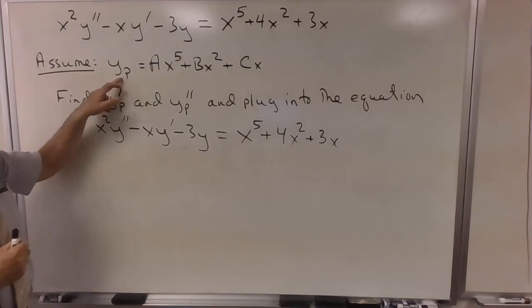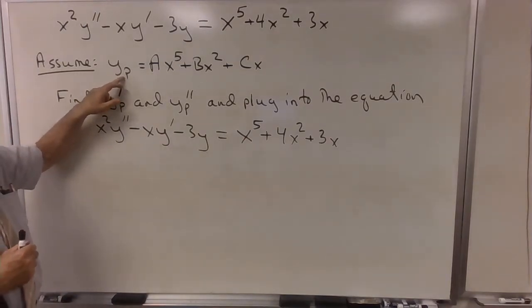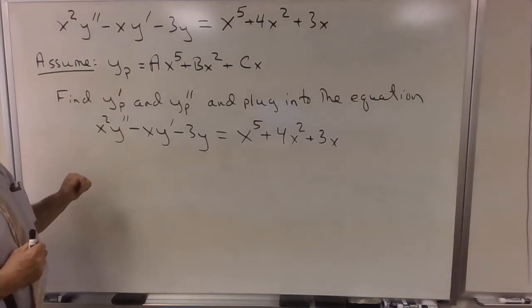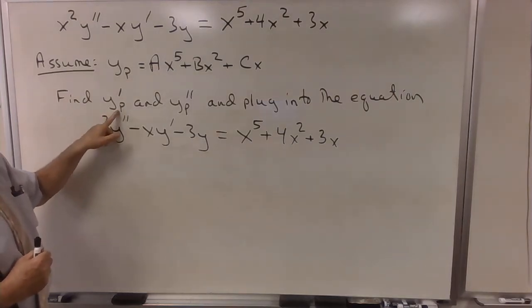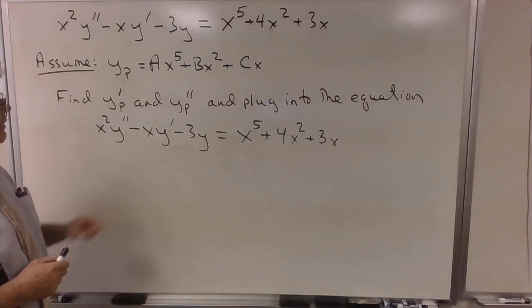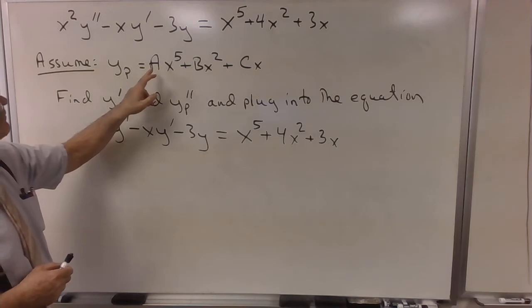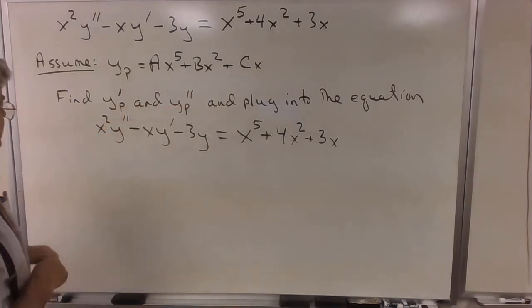We've already decided that we know what yp, the particular solution, looks like. Now we'll compute the first derivative and the second derivative, and plug those into this equation to solve for the constants A, B, and C.